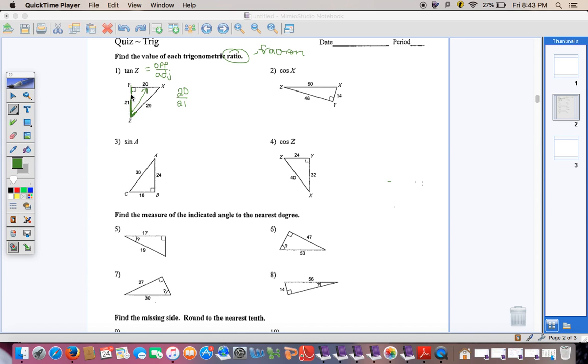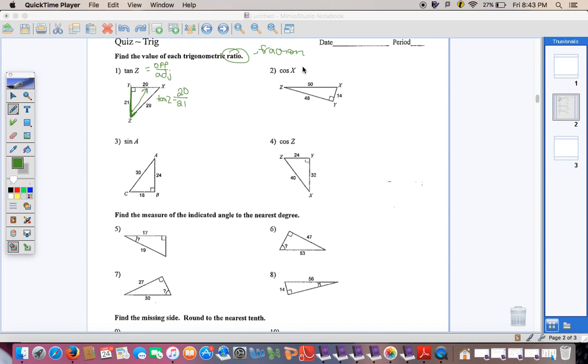So that's the adjacent, and the opposite is the side that's not touching. Now, we cannot reduce 20 over 21, so you would simply say that the tangent of z equals 20 over 21.